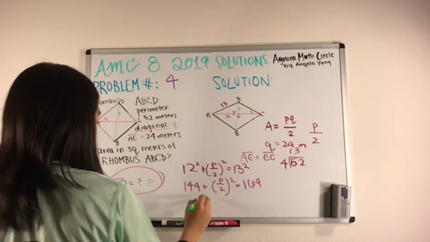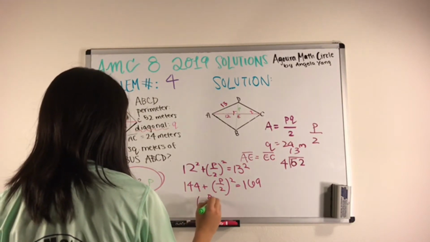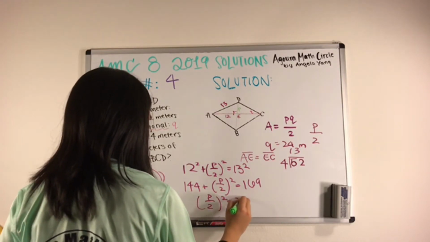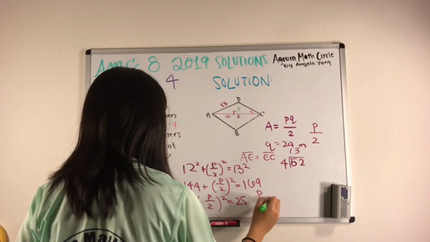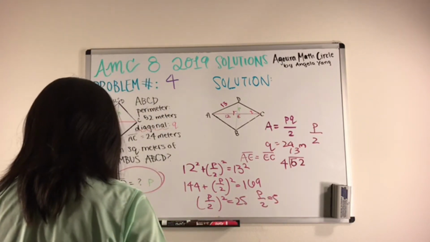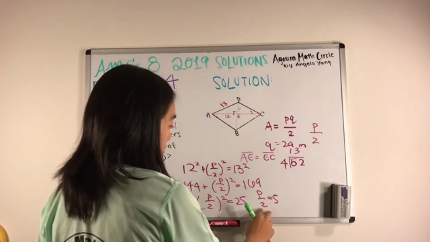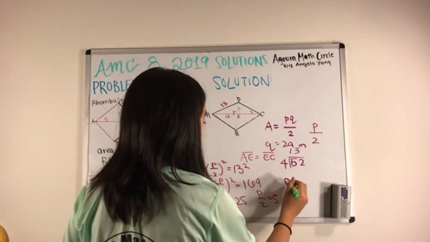Using that information, we know P over 2 squared equals 25. So P over 2 equals 5, which means we can multiply both sides by 2, and P equals 10.